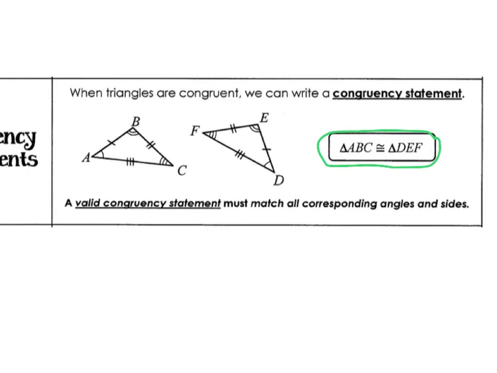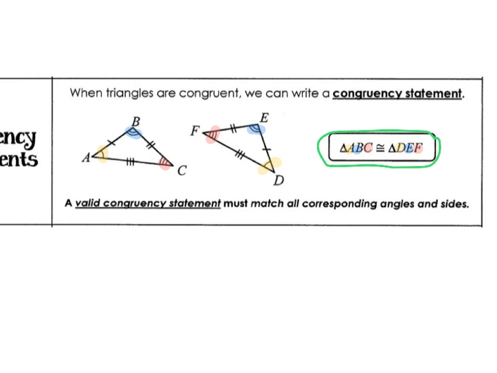If we're looking at the corresponding parts, we know that angle A is congruent to angle D because both of those letters come first in our congruency statement. Then angle B is congruent to angle E because both of those letters come second. And angle C is congruent to angle F because those are both the third letter in our congruency statement.